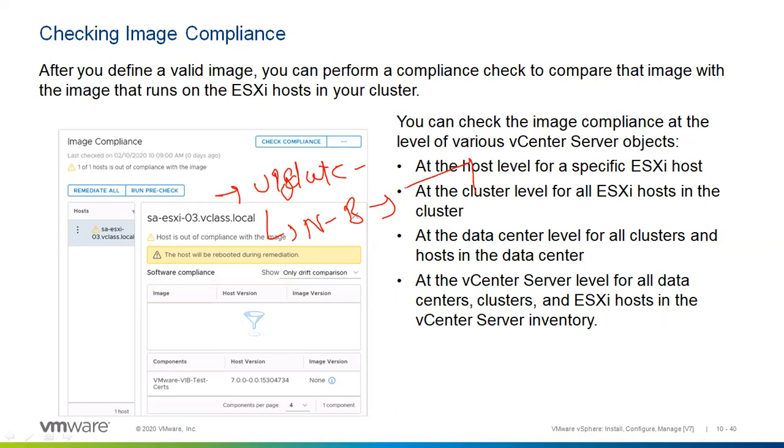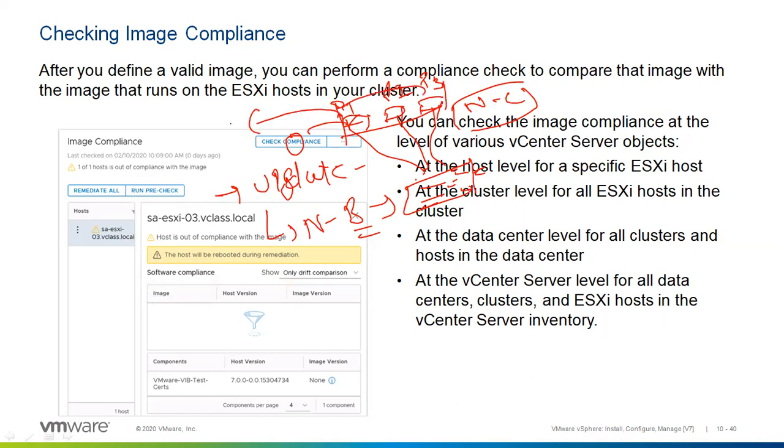It means that under this new baseline, we have a set of patches. When I am checking compliance on my host, definitely they would be non-compliant, because those patches are not available there. That's why they are non-compliant. Once I apply that baseline, it means that it is patched now, and they would become compliant.